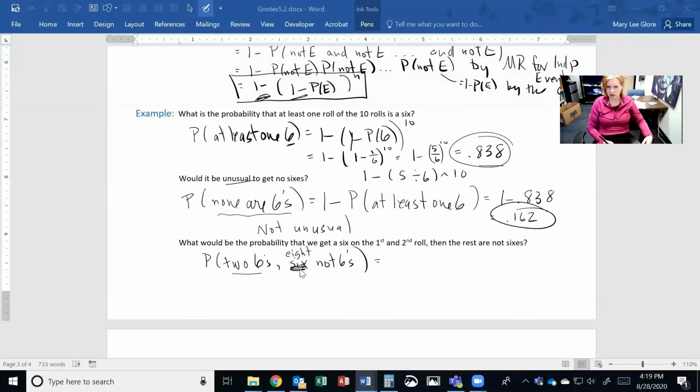Okay, so that's 2 6s, 8 not 6s. All right, so what's the probability of 2 6s and 8 not 6s? Well, since these are independent, this is going to be equal to the probability of 2 6s times the probability of 8 not 6s.